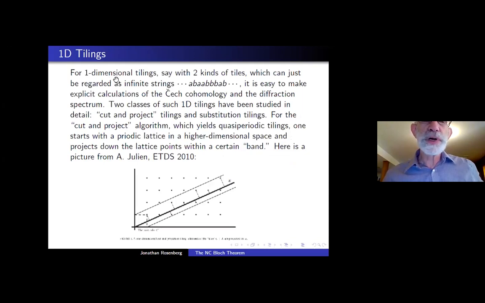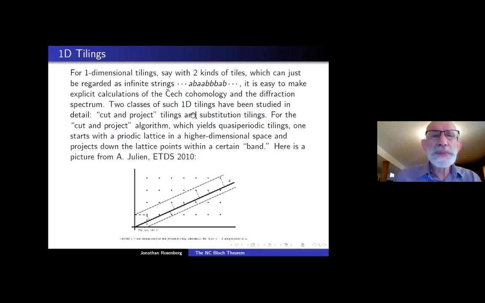The case of 1D is particularly easy, and also it's particularly amenable to experimental tests because it should be possible to manufacture materials based on one-dimensional tilings and actually test various material properties to see how the theory agrees with experiment.